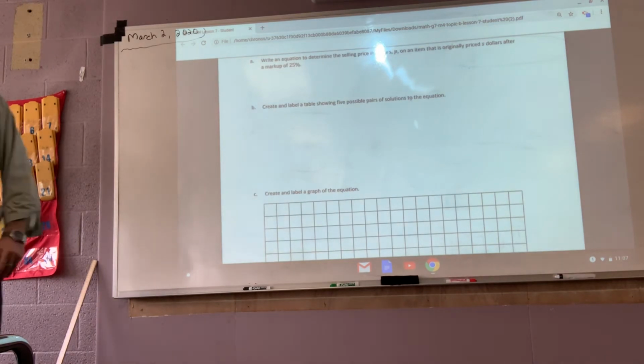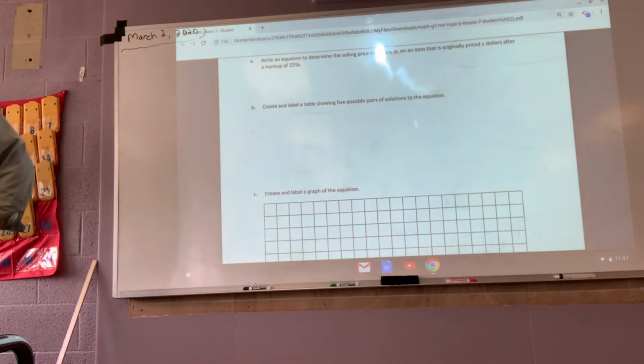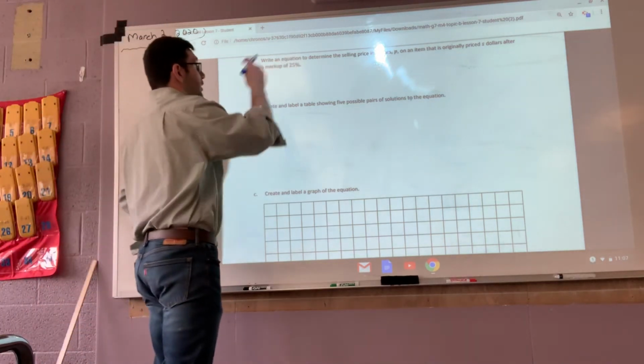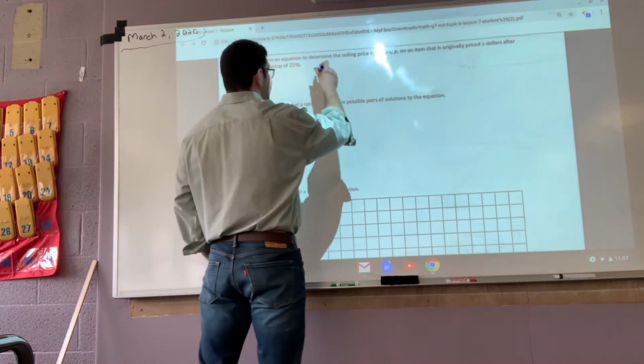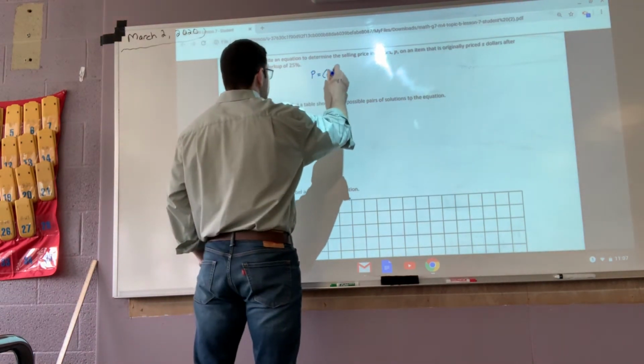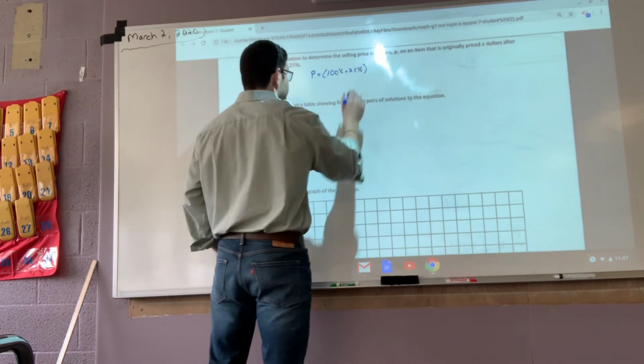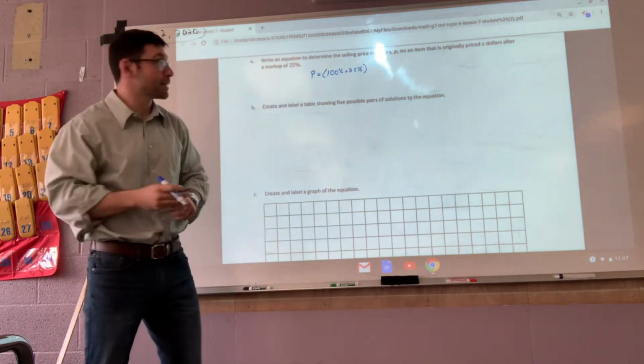Write an equation to determine the selling price in P dollars on an item that is originally priced S dollars after a markup of 25%. Mark up. So we don't know what our part that we are actually getting sold for it is. So P equals, but we do know it's a markup of 25%, so that's 100% plus 25%. Mark up, we're adding.